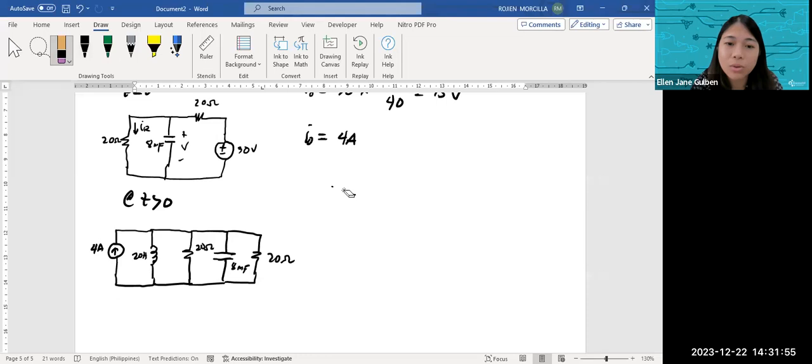We need to know the differential equation, which is the complete response. I of t is equal to I transient plus I steady state.